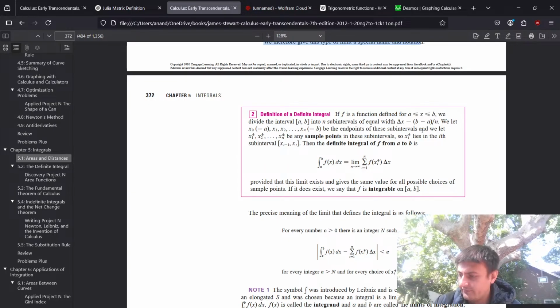So if f is defined on [a, b], divide [a, b] into n subintervals of width delta x equal to (b minus a) over n, with x0 equal to a, xn equal to b, and sample points x1 star through xn star in each subdivision.